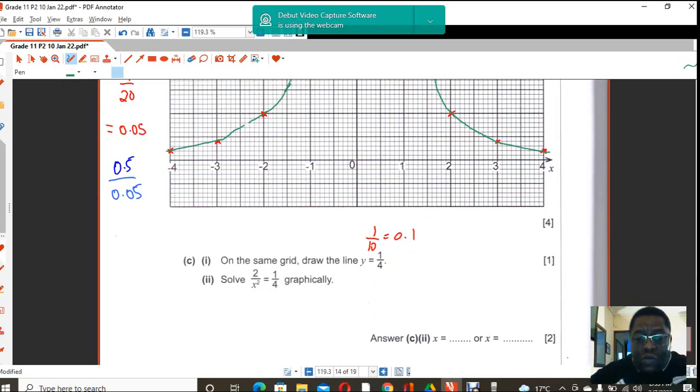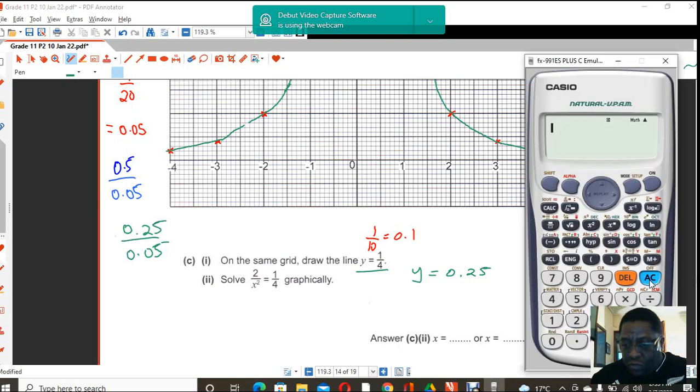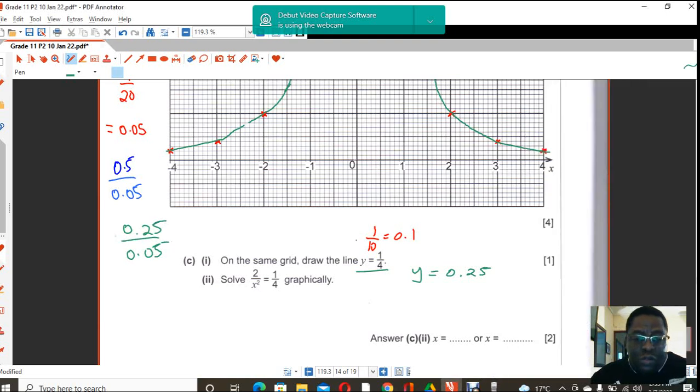Now they are saying on the same grid, draw the line y equals 1/4. Well, this is y equals 0.25. Again, 0.25 divided by 0.05, in order for you to know how many blocks that is going to be. 5 blocks. So it's here, right?